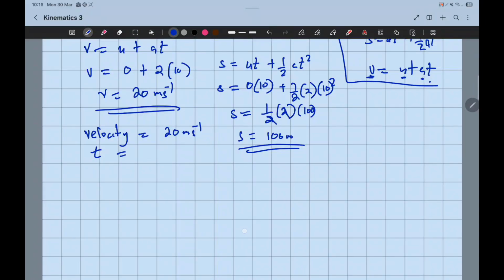Then the time we were given is 15 seconds. At this point acceleration is 0.